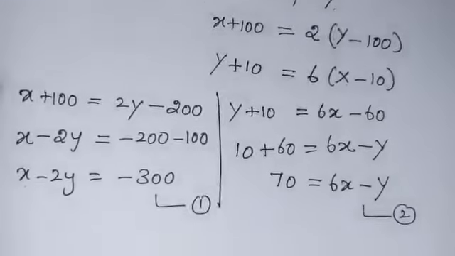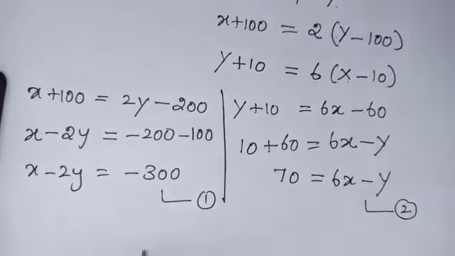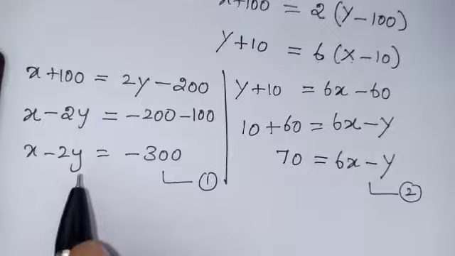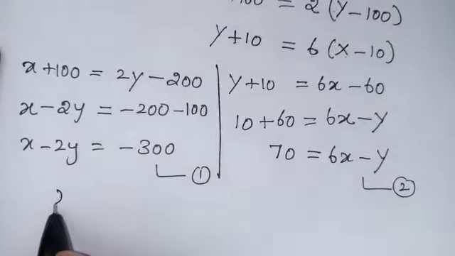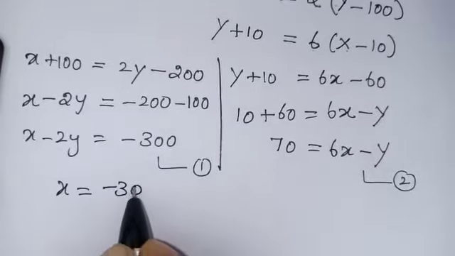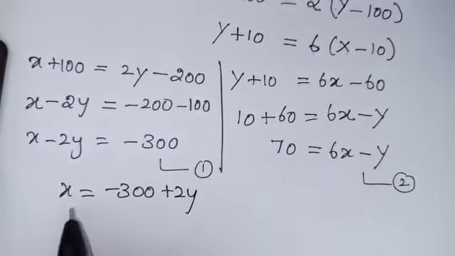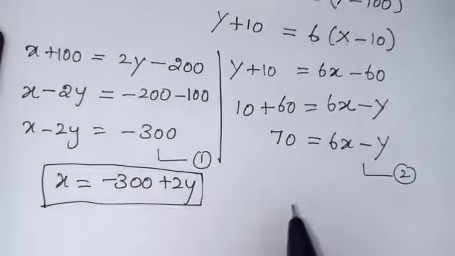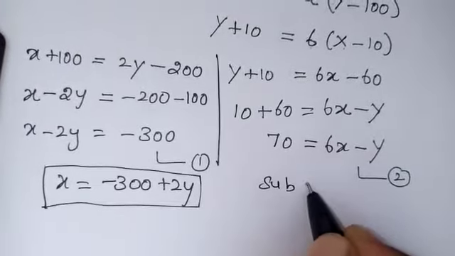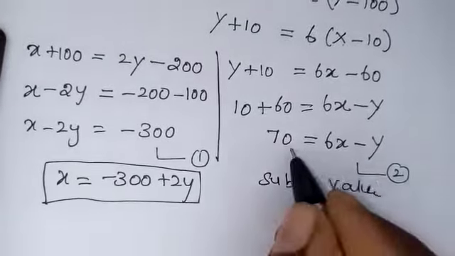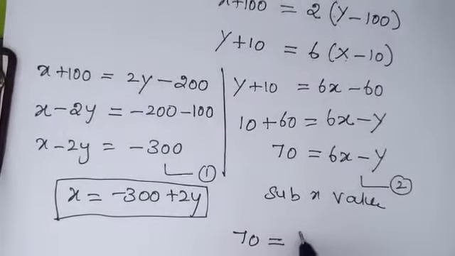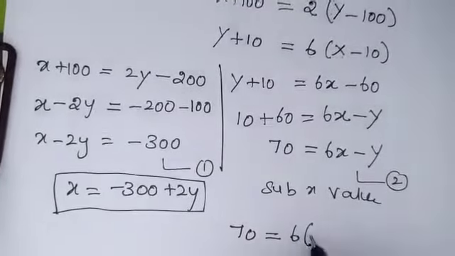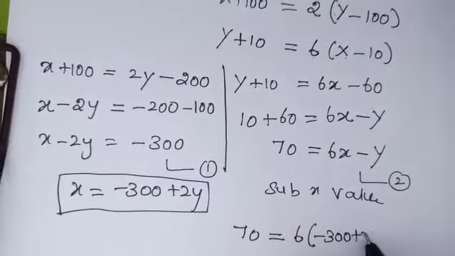Any method we can use to solve these two equations. I am taking the substitution method to solve it. From the first equation, we are going to find the value for X. So X is equal to minus 300 plus 2Y. This X value I am going to substitute in our second equation. So 70, no need to do anything, keep as it is. 6 into X value, 6 into minus 300 plus 2Y.